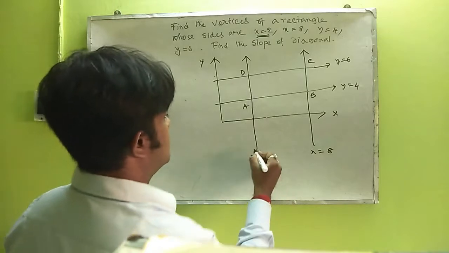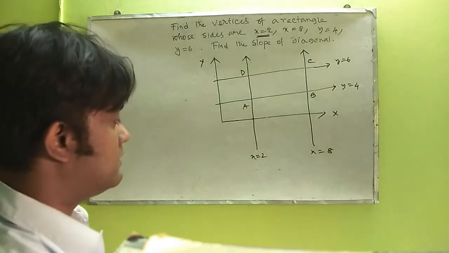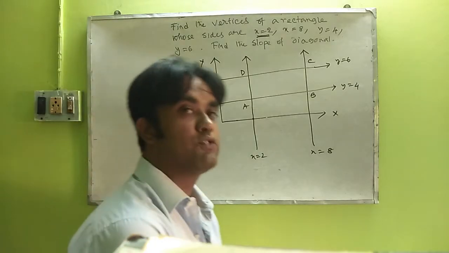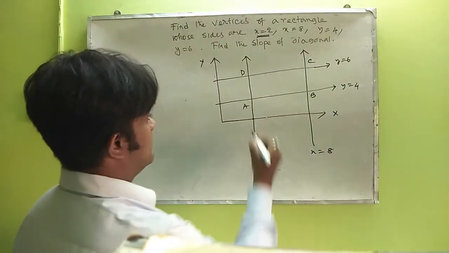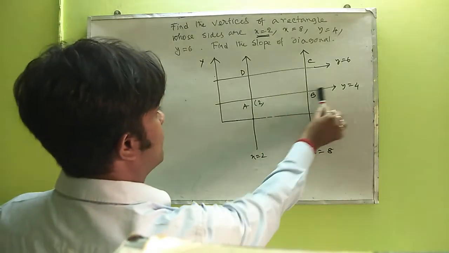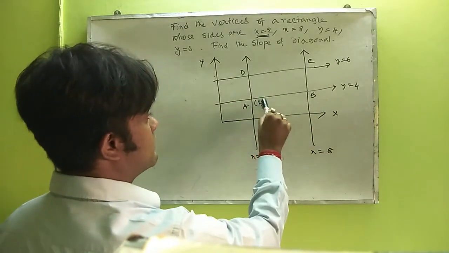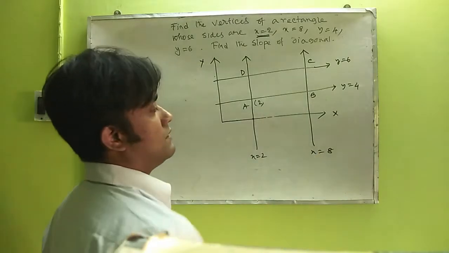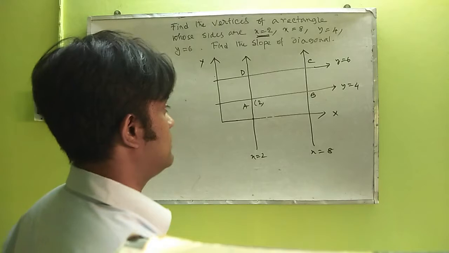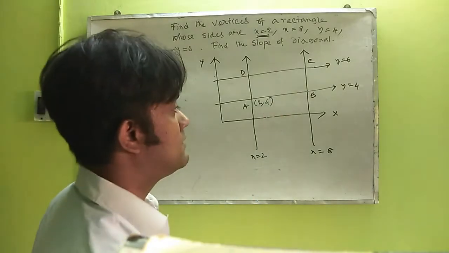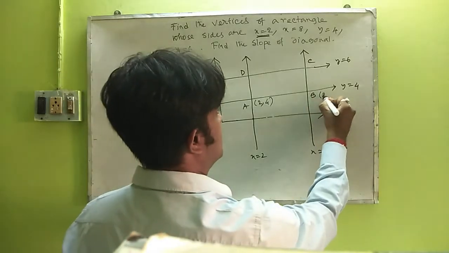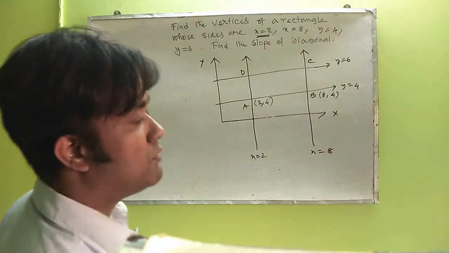Here you see that this is x is equal to 2, that is on this straight line the abscissa of every point is 2. So the abscissa of A will be 2, and here this is 4. That is the ordinate of the points on this straight line, always 4. So this point will be 2, 4, and similarly this point will be 8, 4.